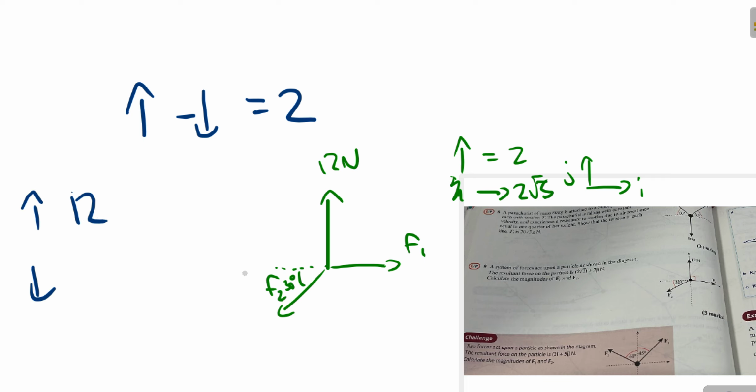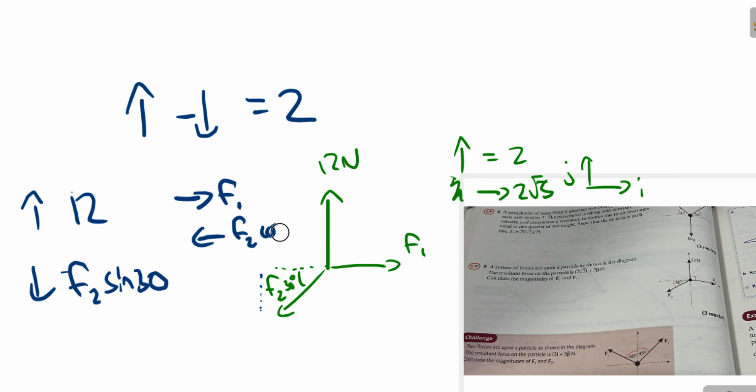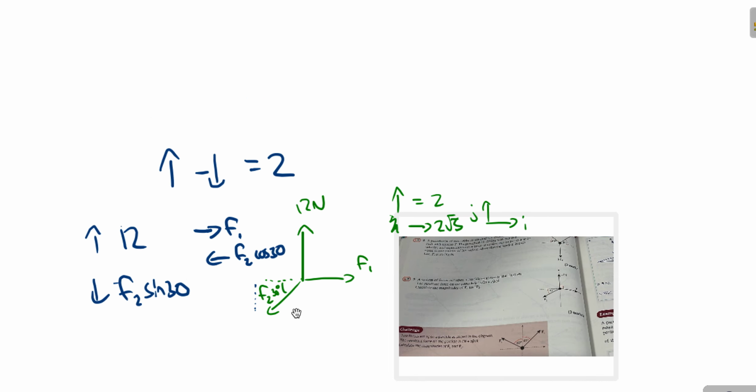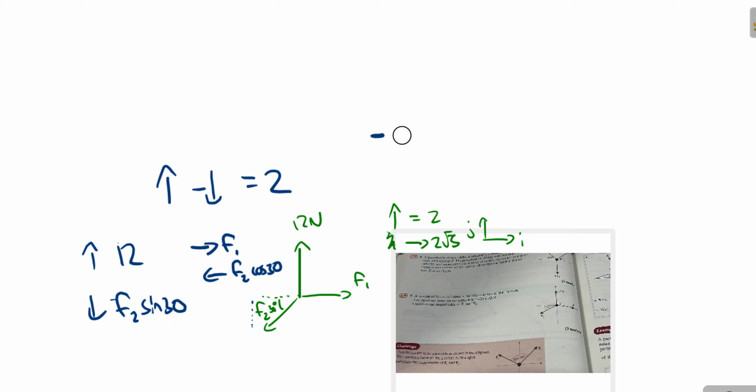The downwards force is the vertical component of F2, which is F2 sine 30. Then for the horizontal component, going to the right is F1, and going to the left is F2 cos 30. So we know that up minus down is equal to 2, and right minus left is equal to 2 root 3, because the final resultant is in the positive direction to the right.